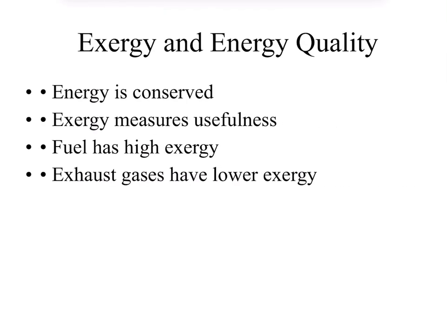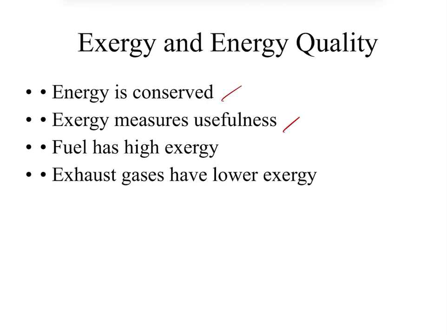Next, we have exergy versus energy quality. Energy tells us how much energy exists, while exergy tells us how useful that energy is. What that means is, during combustion, some exergy is destroyed due to irreversibilities. So the energy is conserved, but exergy measures usefulness for work, measures efficiency of energy.